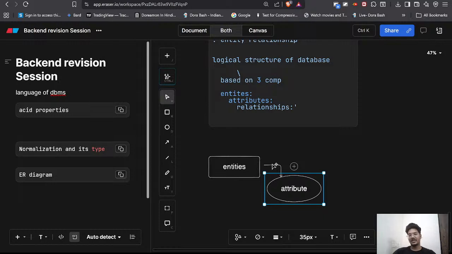ER diagram stands for entity relationship diagram, which displays the different entities and relationships among them stored in a database.